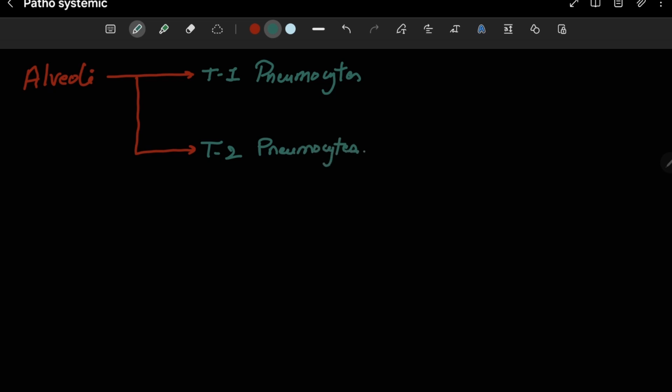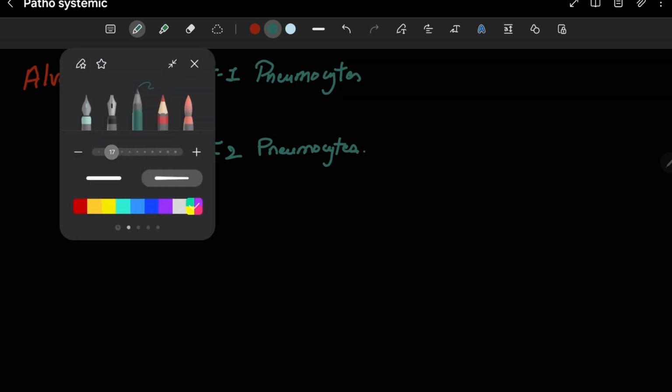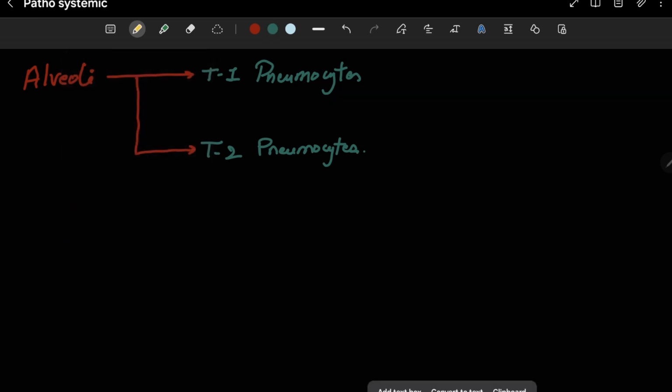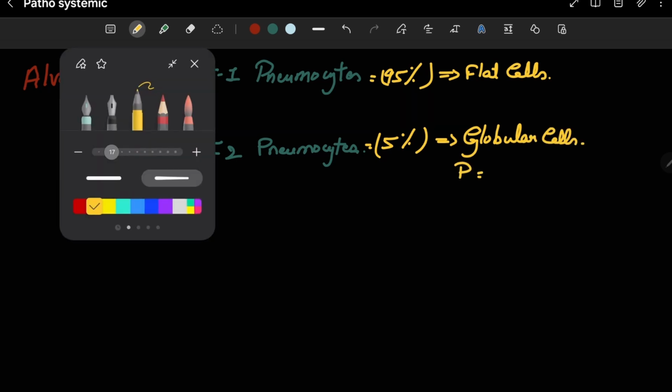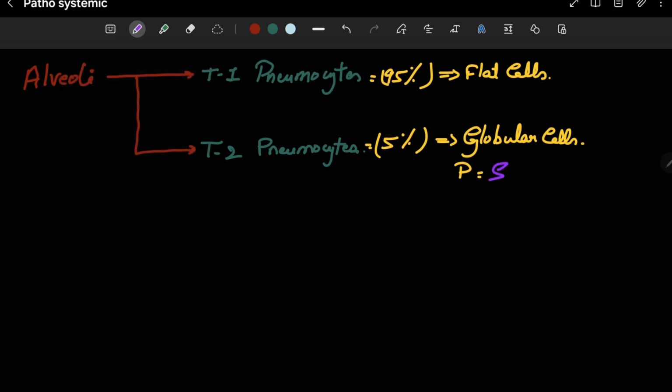Type 1 pneumocytes are flat cells. These constitute 95% of the alveoli. And the type 2 pneumocytes are 5%. These are globular cells. And the most important thing is, they produce an important component called surfactant.